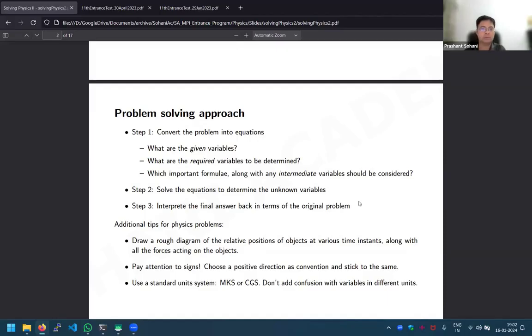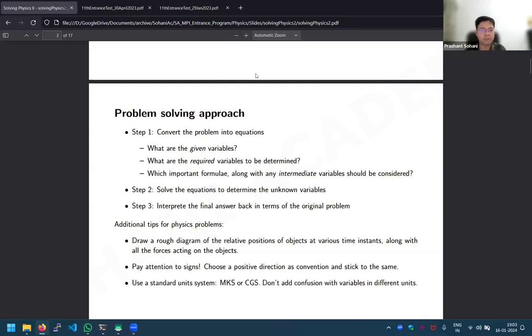So I hope that you have also got a chance to practice these things for whatever questions you have solved from various sources. So make it a habit of going through these steps for every question that you attempt. Okay, so that will become a natural part of how you are thinking about that.